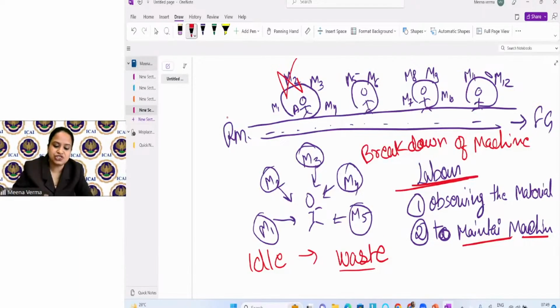If the machine breaks down, then you have a team of engineers who will fix the defect. But why is it required? Why don't you keep your machine updated all the time? Don't allow any breakdown of machines.